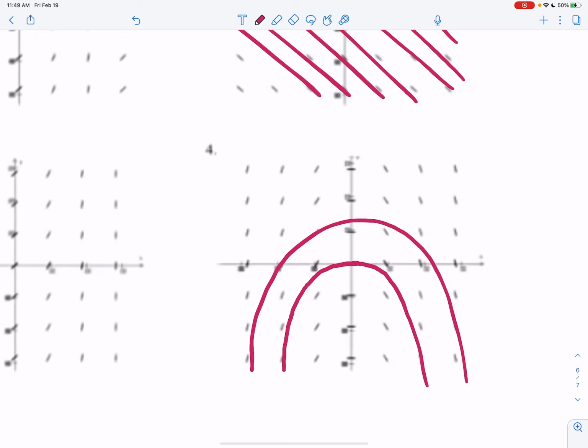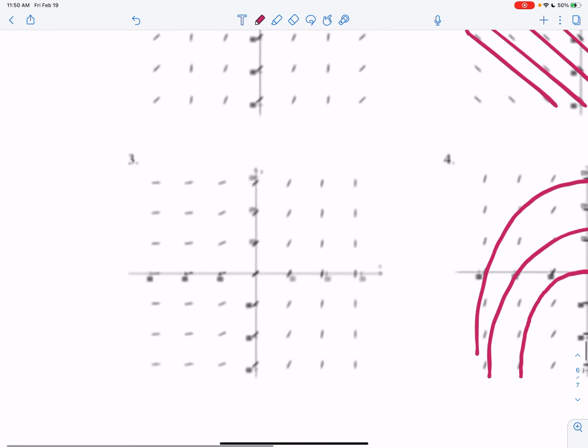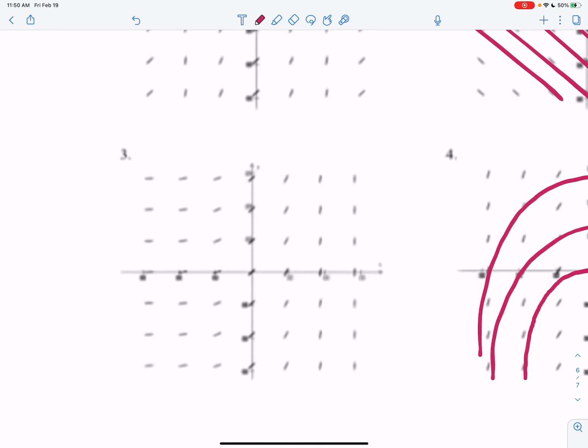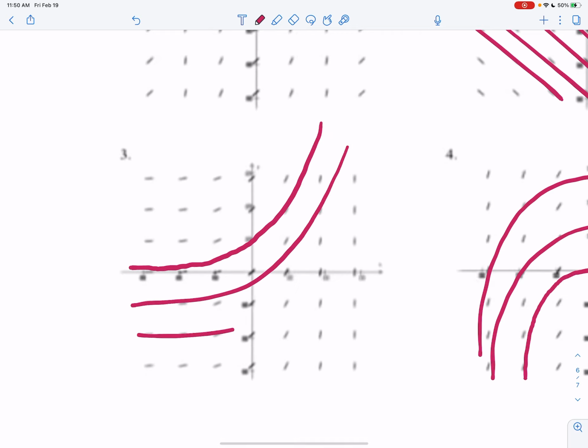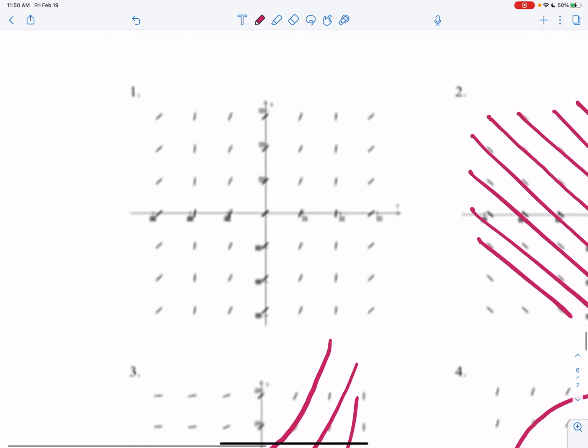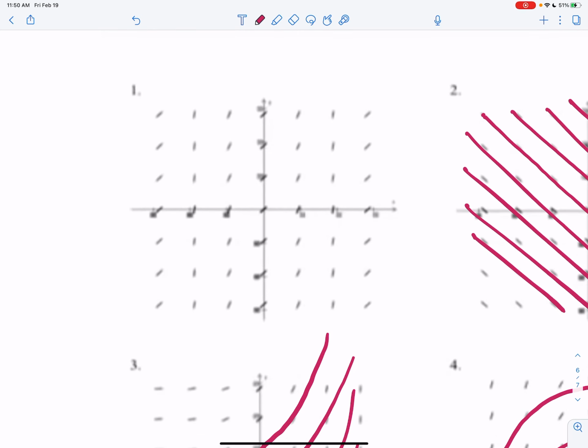If you've ever seen the weather forecast where you're looking at weather conditions, they all follow these vectors. Number 3 here starts off horizontal and then it just shoots up with its slope. And this one here kind of goes upwards and then goes upwards some more.